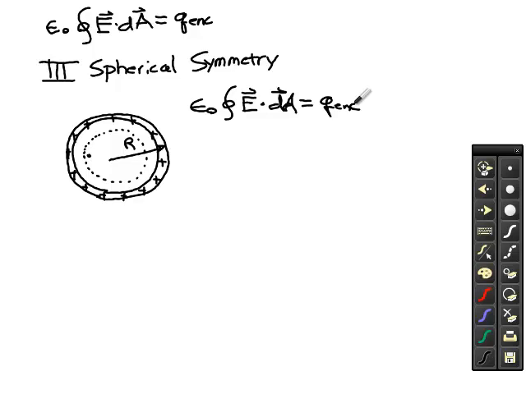Because of the symmetry, we're going to claim that E is everywhere the same along the surface of that sphere. So again, we can pull out the E. Okay? Now, we don't have to go much further because what is Q enclosed? How much charge have we enclosed in our fictitious shape here?